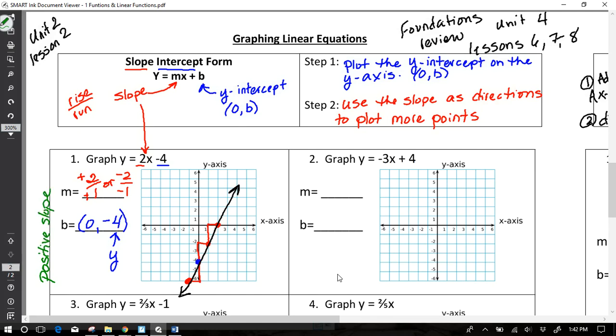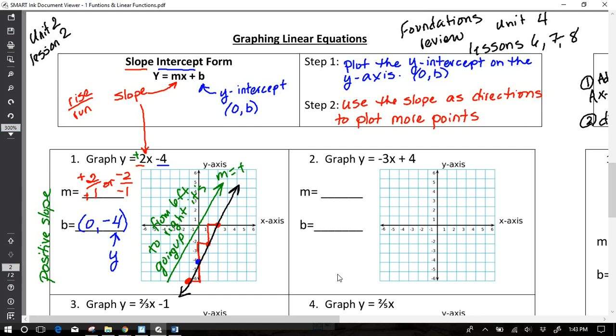You could tell by looking at the equation because that's a +2, or you could tell by looking at the graph because from left to right, just like we read a book, left to right, it's going up. So looking at the graph, you could also tell that it's a positive slope, or you could tell by looking at the equation.